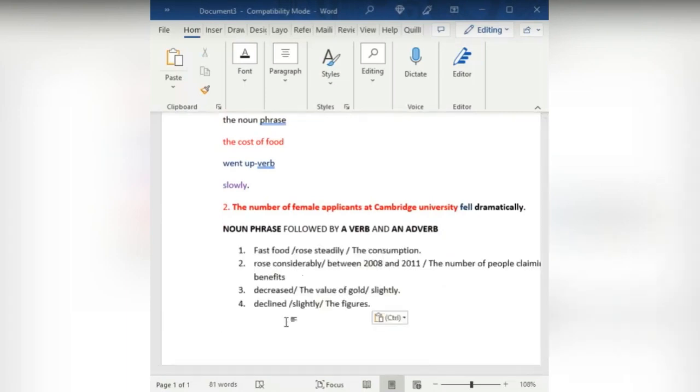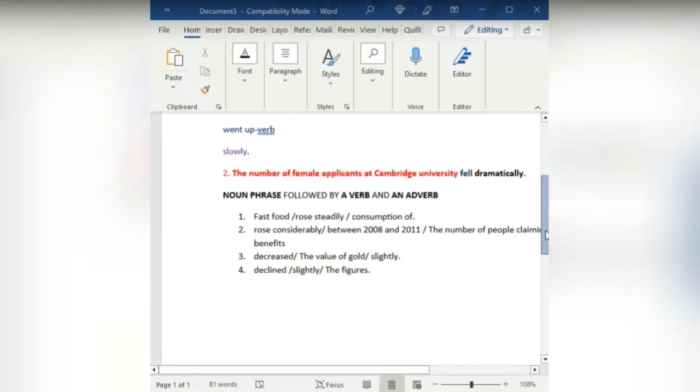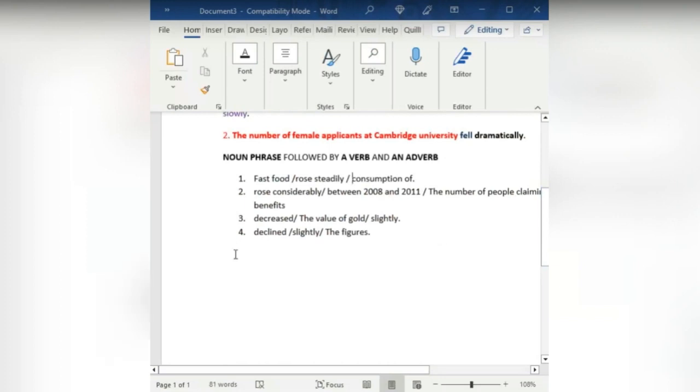So I have grouped them in 4 sentences. First one is fast food, roasted, the consumption. So you have to figure out which one is the noun phrase, which one is the verb, and which one is the adverb. So I've just mixed them up, and I would like you to try it now.